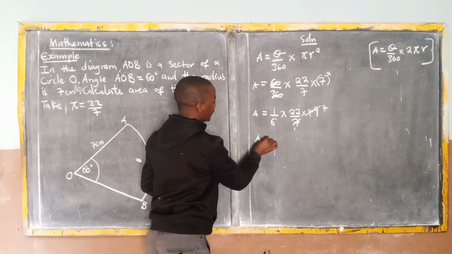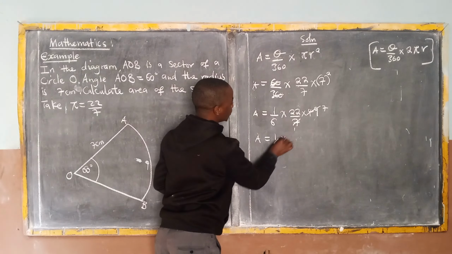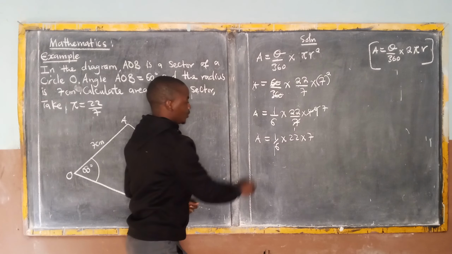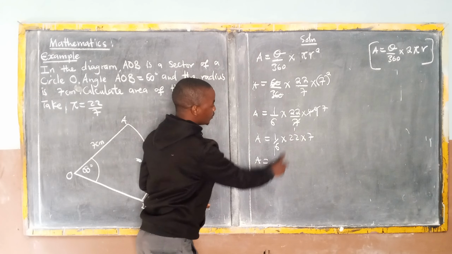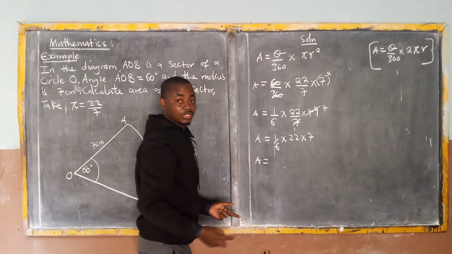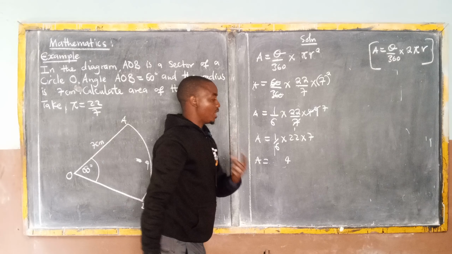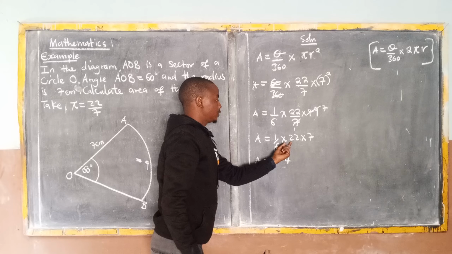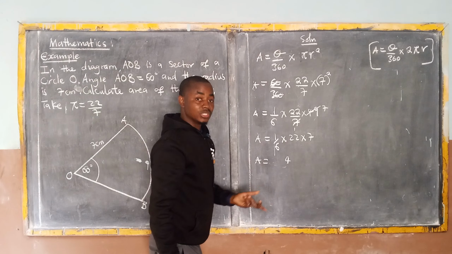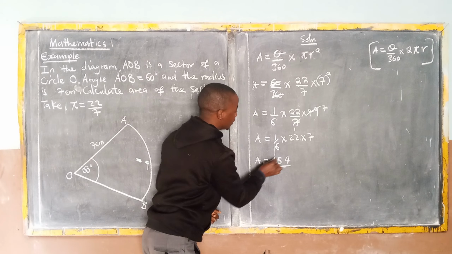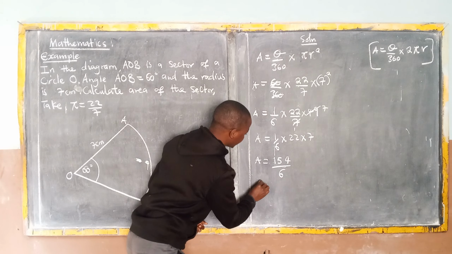So what do I have now? 1/6 multiplied by 22 multiplied by 7. So our area will be equal to 1 multiplied by 22 is 22. 2 multiplied by 7 is 14, so 4 remainder 1. 2 multiplied by 7 is again 14 plus 1, 15. So we have 15 divided by 6.